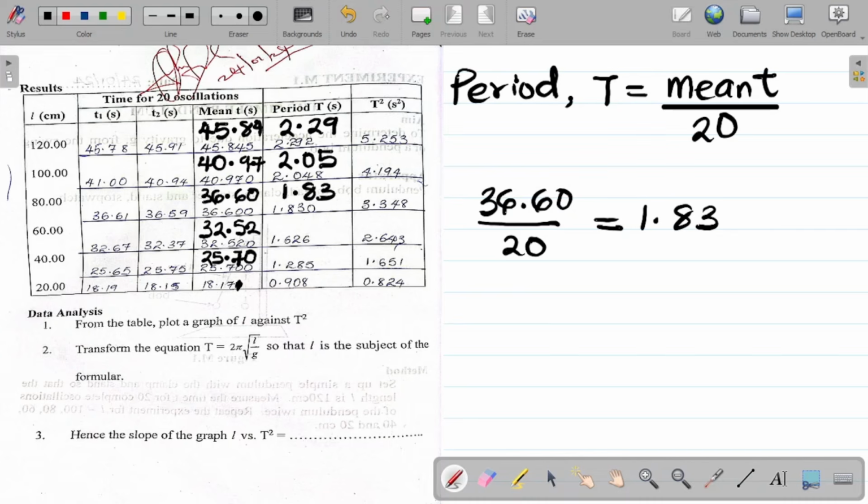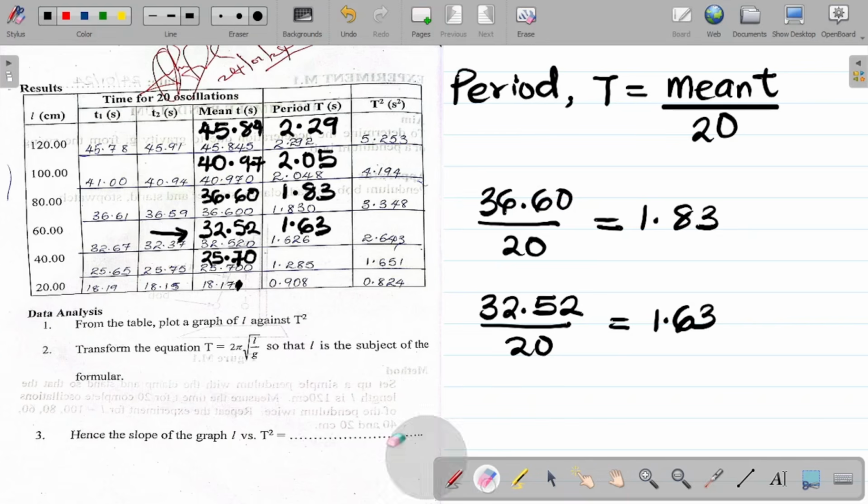Oh, sorry, 0.83. Okay. So next up, divide this one here by 20. 32.52 divided by 20 is about 1.63 in two decimal places.